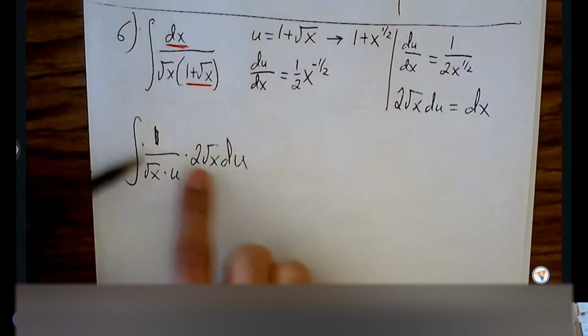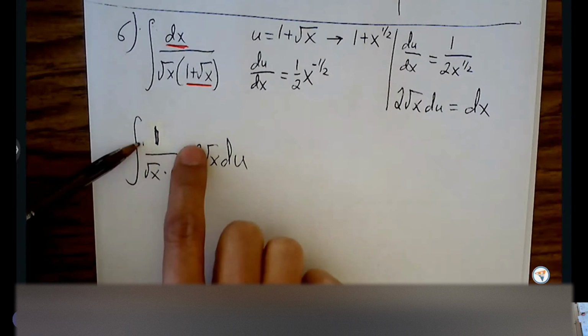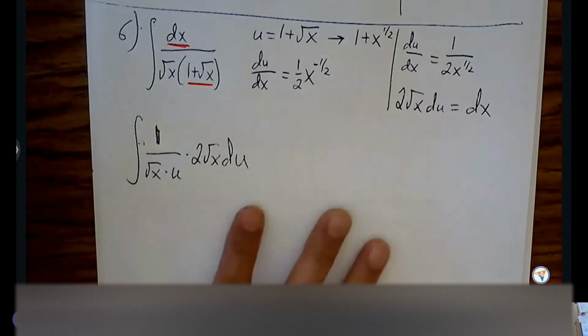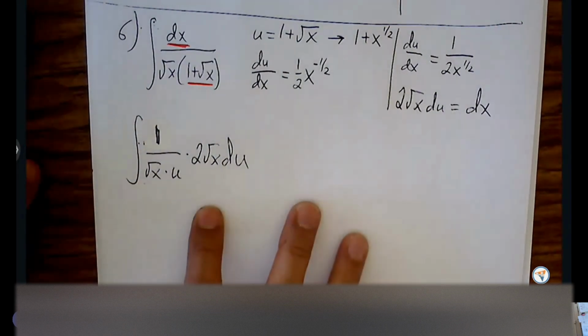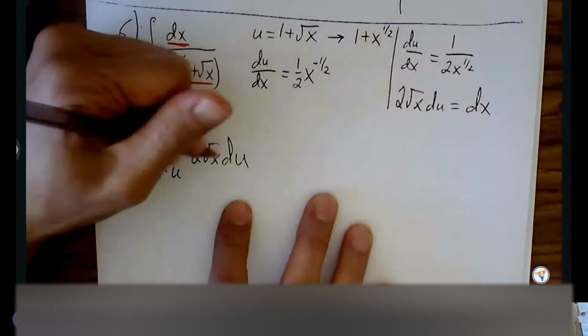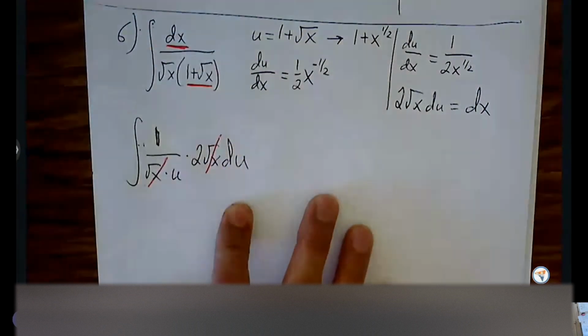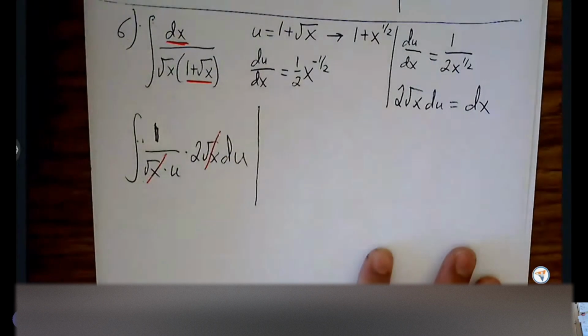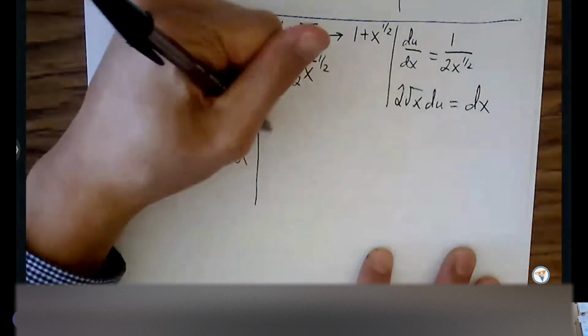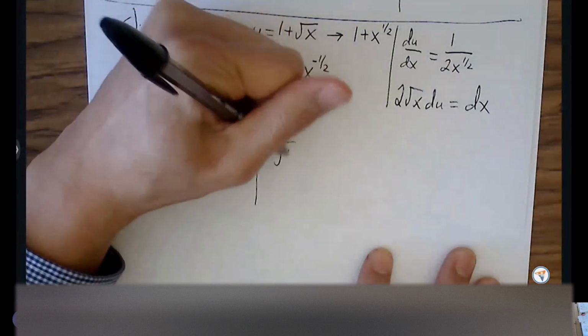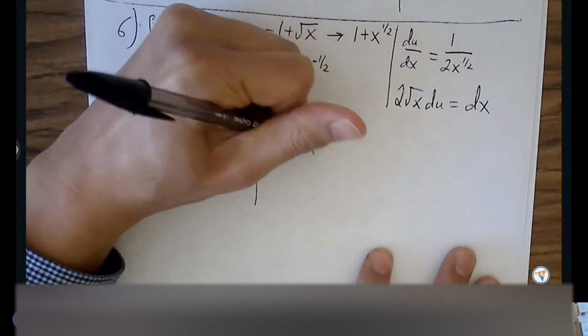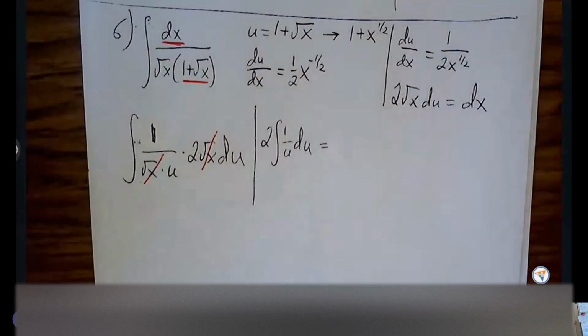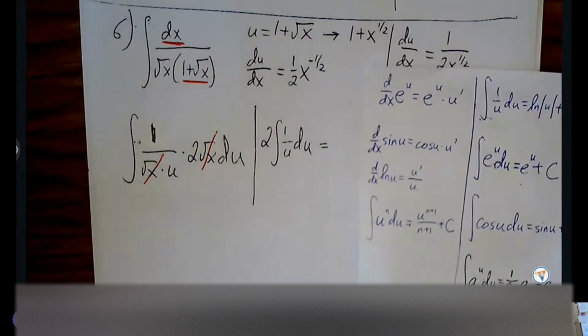But you can replace dx and have it just 2 root x over du over root x du. Sorry, root x u. Either way, we see that we have a nice match with the x's getting resolved. We push the 2 out in front. And what rule do we use here? Natural log, okay.